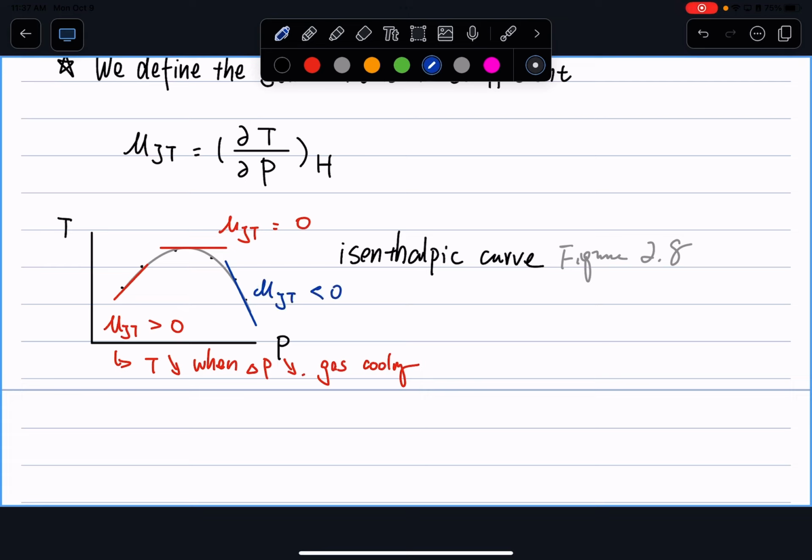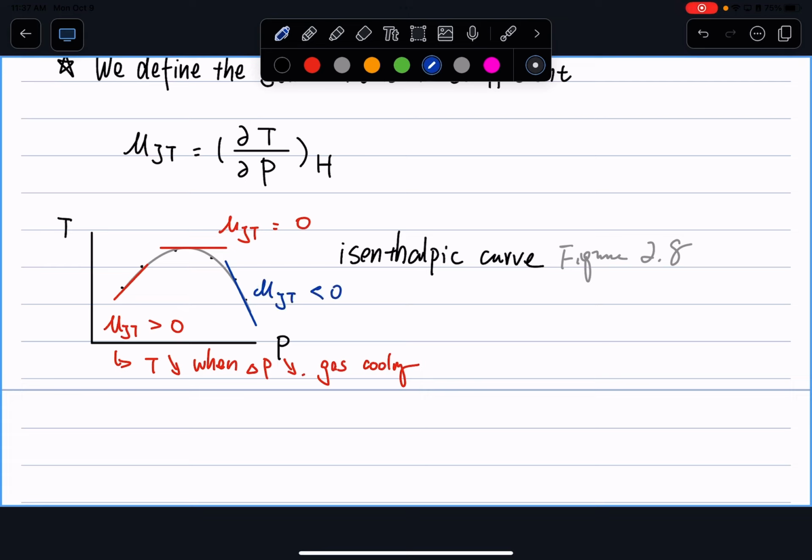What we're trying to find here is a relationship between dH and pressure at constant temperature. We're effectively using the same thing: calculus as our tool to use things that we can measure.